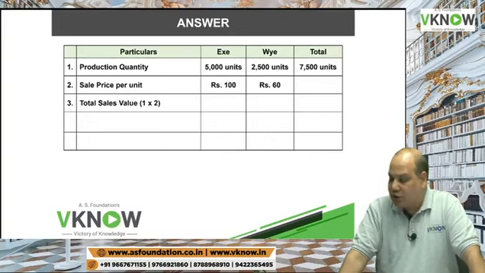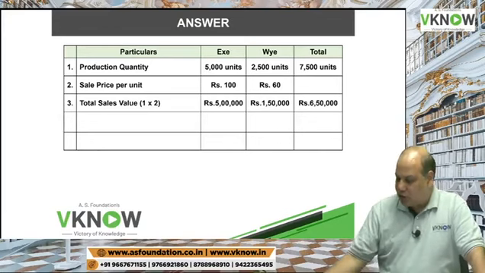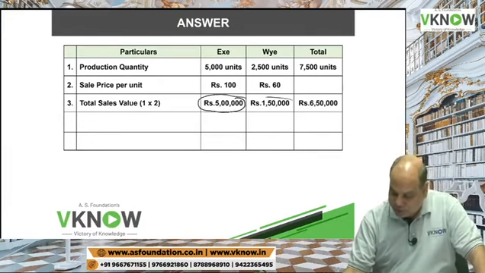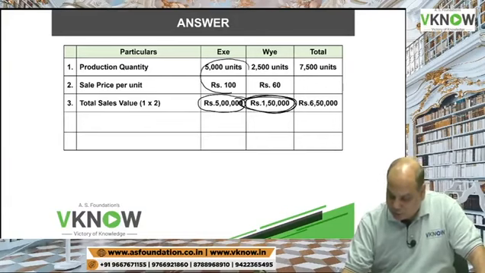Therefore, multiply to get total sale value. Total sale value will be 5 lakh and 1,50,000. This is the ratio. This is called sale value at split off point. It will take care of both quantity and rate.